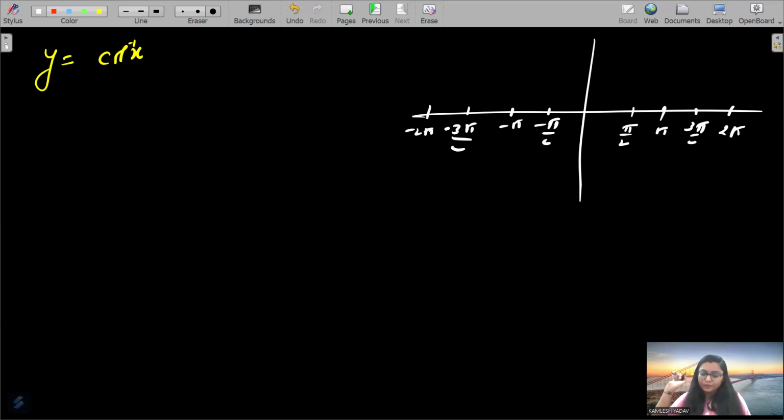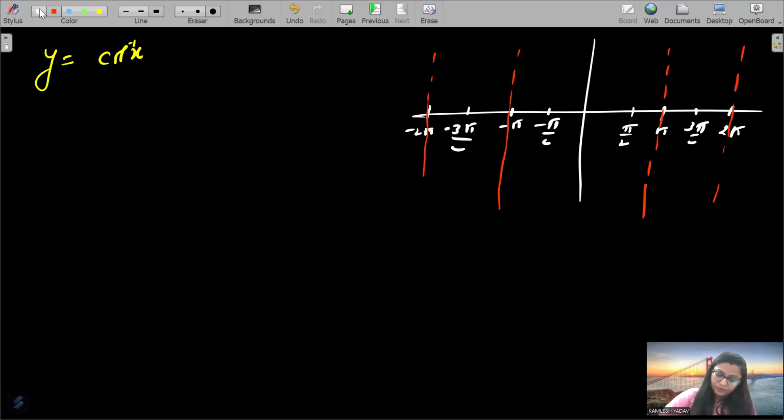Okay. And we know that cot x is not defined where? It is not defined at pi, 2 pi, then minus pi, minus 2 pi, right? So the graph of cot x like this.